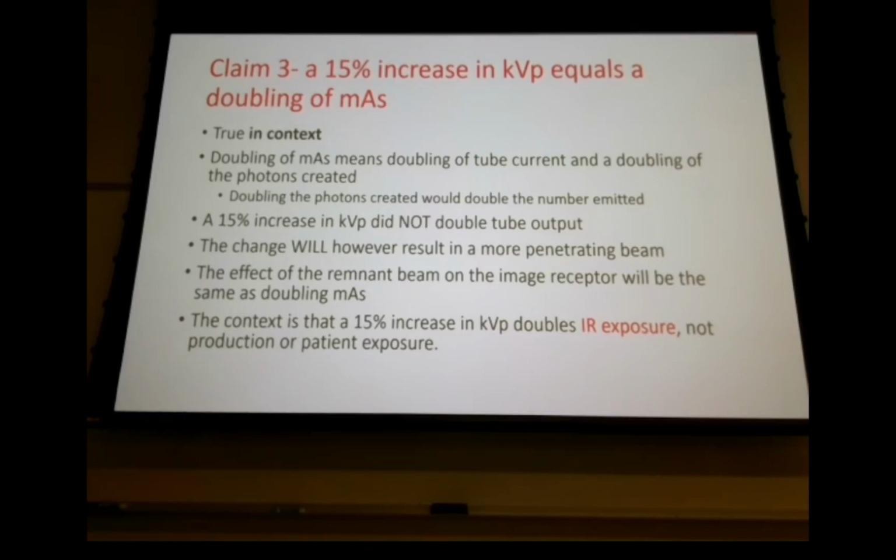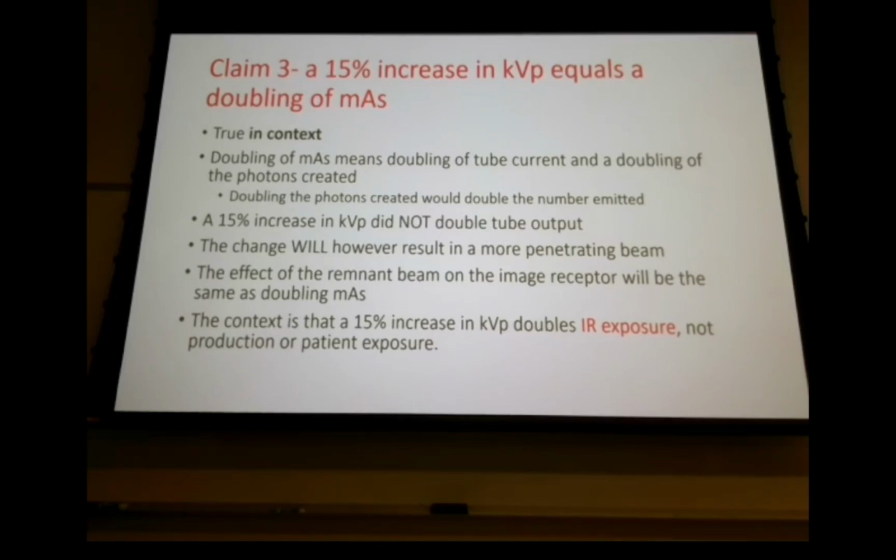Unfortunately, scatter is going to be a part of that penetrating X-ray beam. So we're going to have more penetration without interaction, and we're also going to have more penetrating scatter radiation. So back to those two questions. As we increase kVp, do all interactions go down? Yes. And as we increase kVp, does scatter go up?